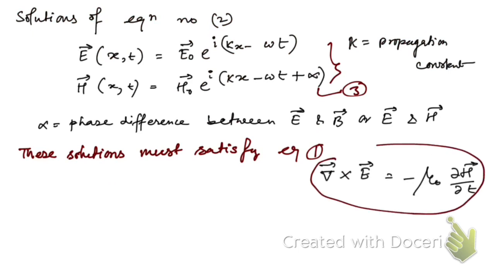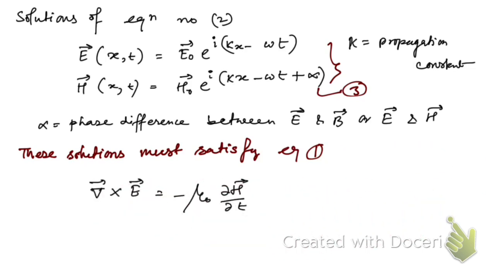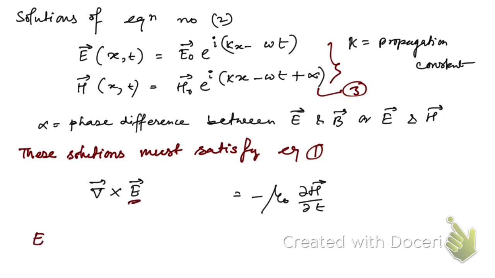Now let me write this. This E vector must have 3 components: x component, y component, and z component.